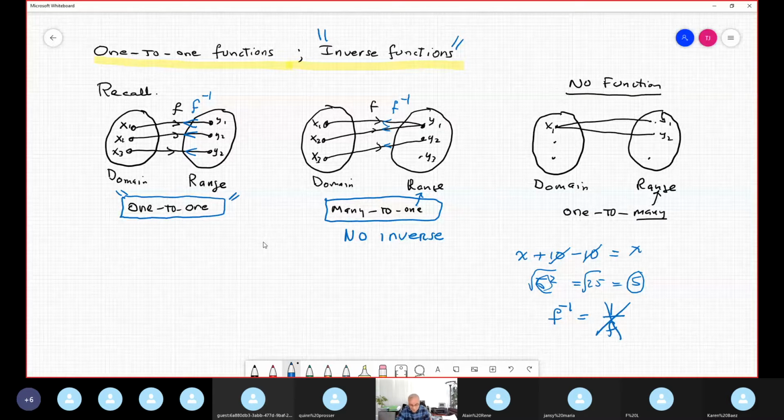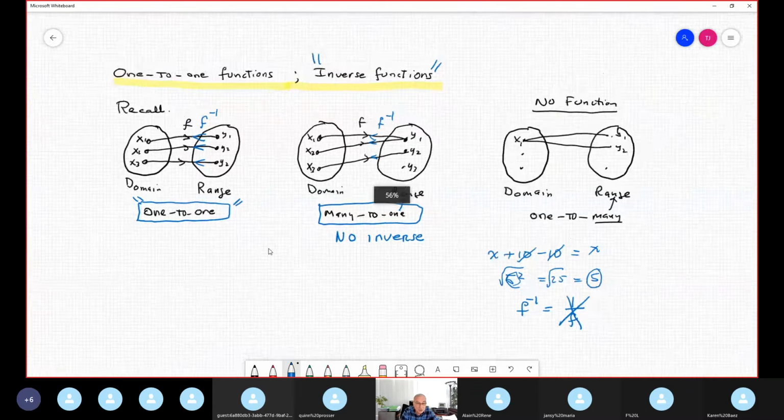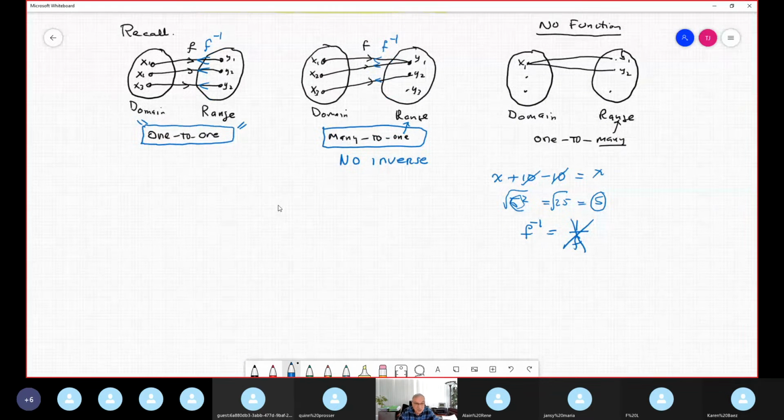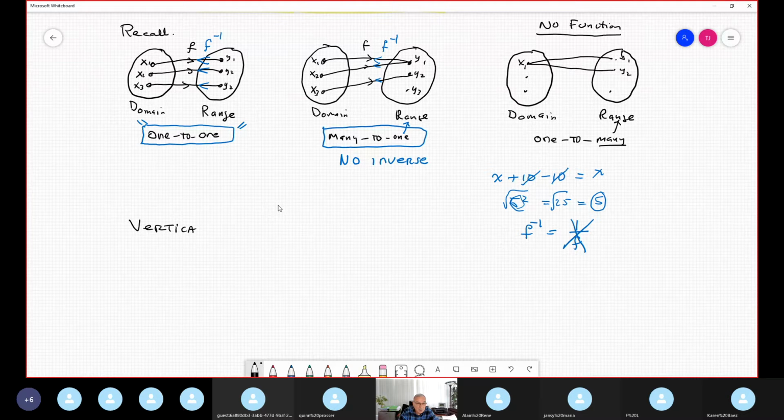And how do you know it's one-to-one? In real life, what is the practical test to verify that it's one-to-one? Well, I suppose you remember very well the vertical line test. Yes or no? The vertical line test is the test that allows me to verify if the graph of a specific or hypothetical function is or is not a function.